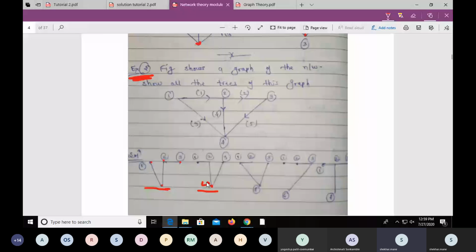Then 1, 2, 4, 3. All the nodes are connected. Similarly here 1, 2, 3, 4, all 4 nodes are connected. Similarly 1, 2, 3 and 4. In this way you can draw many trees from the given graph.